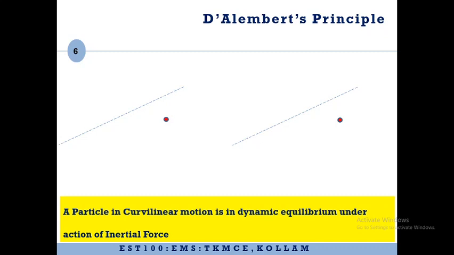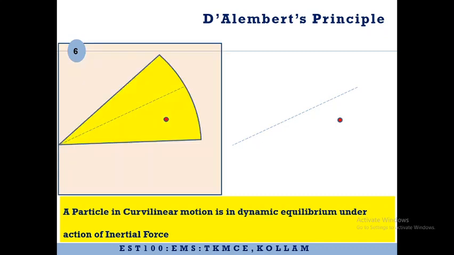The first case is, let us consider a body which is undergoing a general curved motion. At various instants of the curvilinear motion, it has different velocities. At A it was vt1, at B it is vt2. At any point it will have both tangential acceleration as well as normal acceleration.